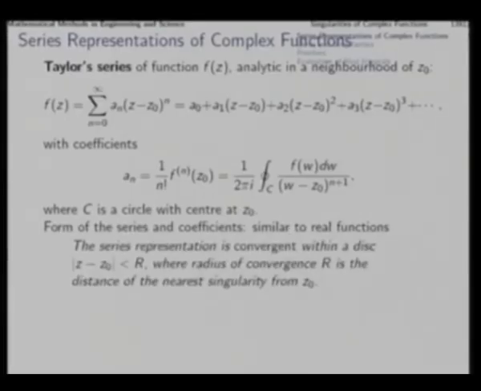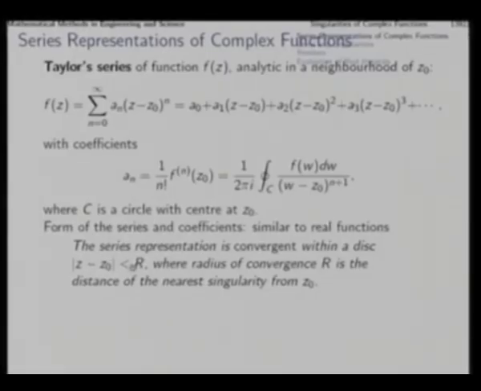Now, we must make note of the region of validity of this Taylor series. We started with the analyticity of the function in the neighborhood of z0, but how large is the neighborhood? So, this series representation is valid, that is, it is convergent within a disk of radius r. This is the representation of the disk.